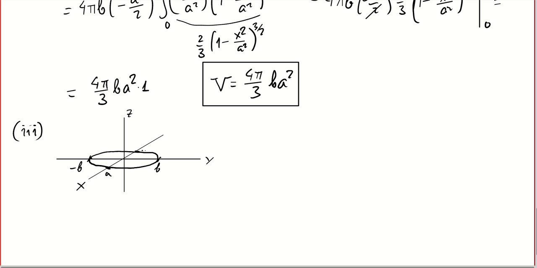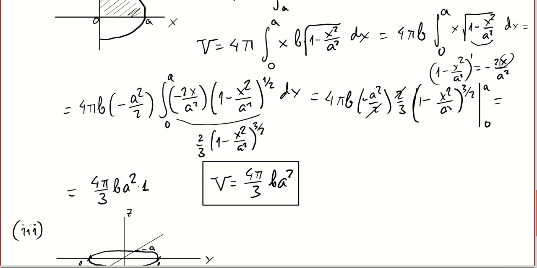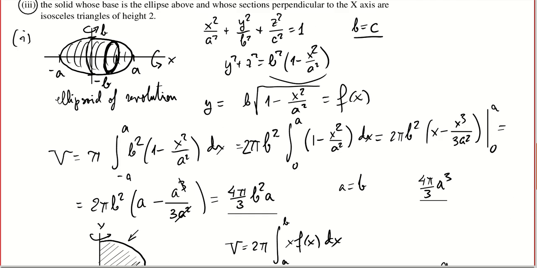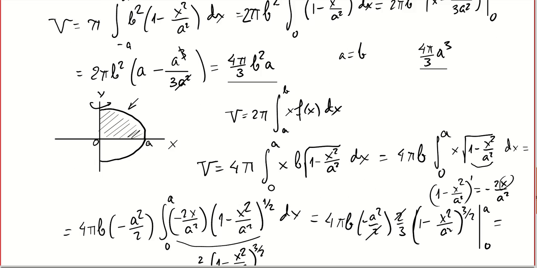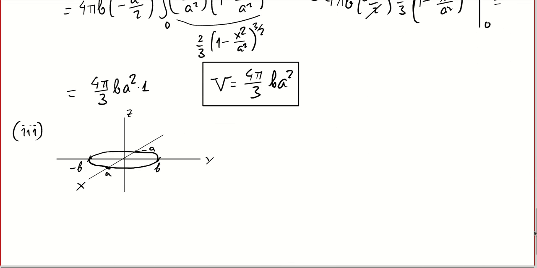This is minus a, right? And then the cross section perpendicular to the... which one? The x-axis. Well, actually, let me plot it in a different way, because it's perhaps easier to see. I'm going to exchange the two axes. This is going to be the x-axis. This is going to be the y-axis.